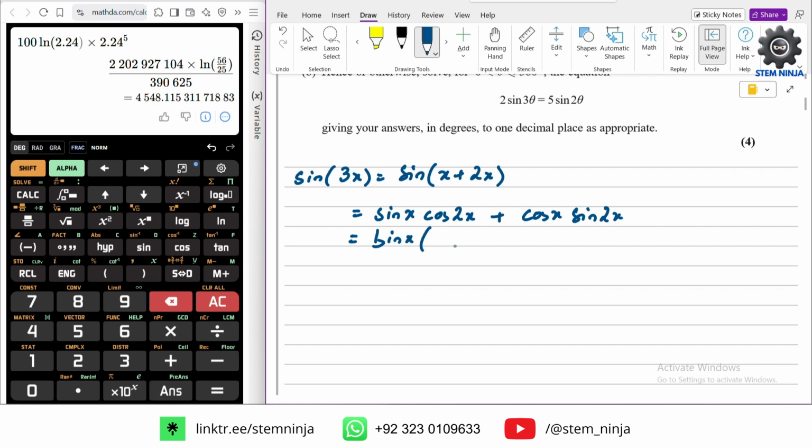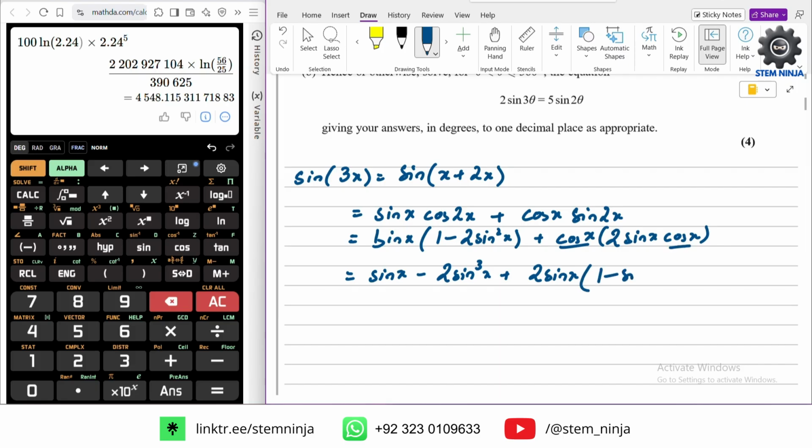So sine x times 1 minus 2 sine squared x, plus sine 2x, which can be written as 2 sine x cos of x. This becomes sine of x minus 2 sine cubed of x plus 2 sine of x cos squared x, and cos squared becomes 1 minus sine squared x.